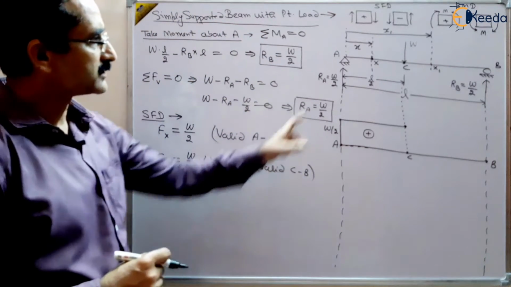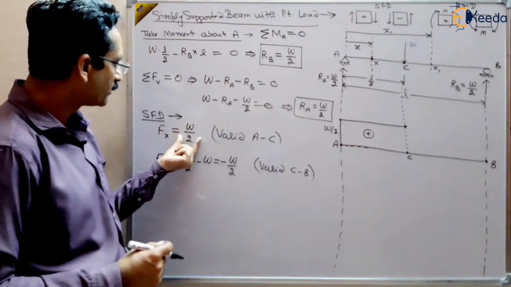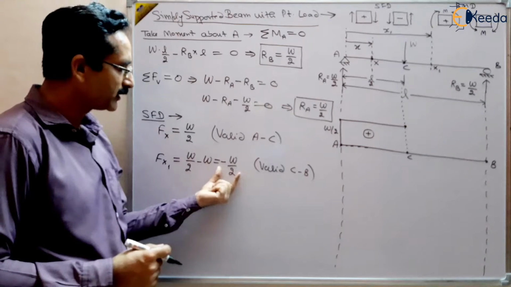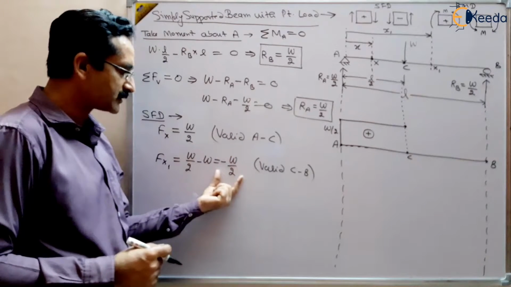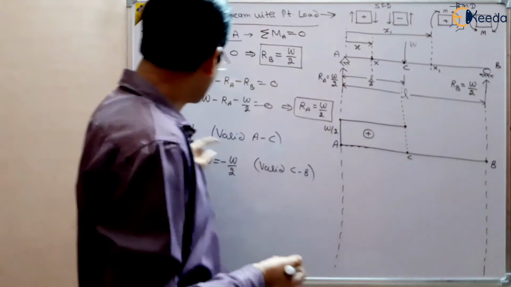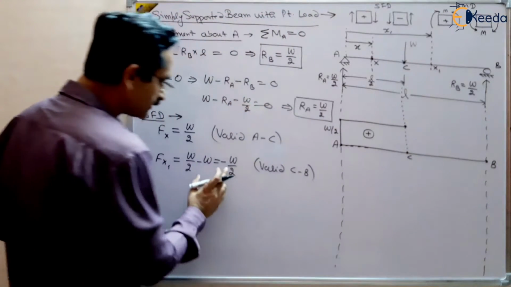So just at point C, there is an abrupt change from positive W by 2 to negative W by 2, right? So just at the left of C, the shear force is W by 2, and just at the right of C, the shear force is minus W by 2.